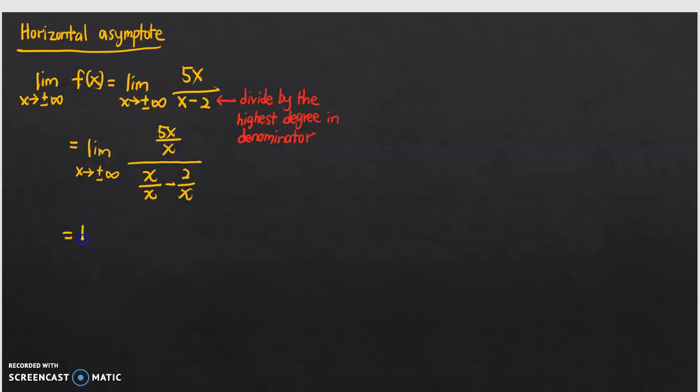Next, I try to simplify. So here is 5 over 1 minus 2 over x.